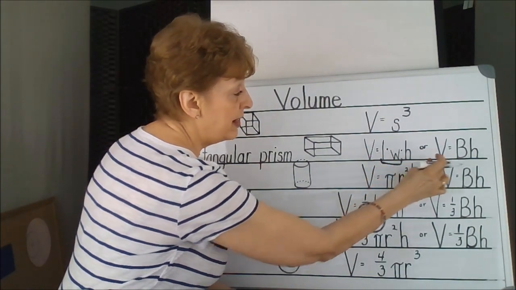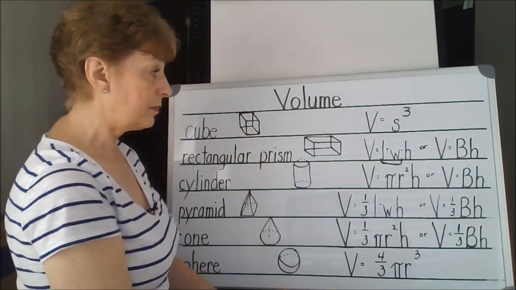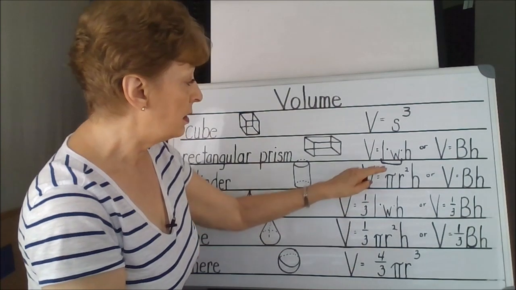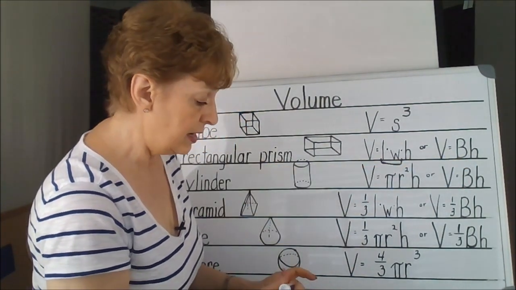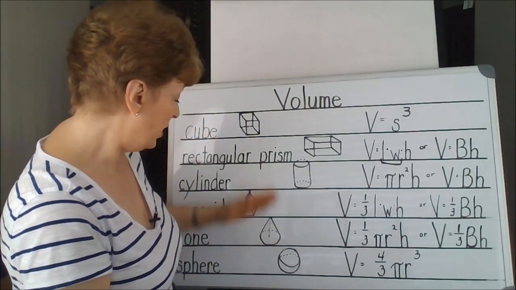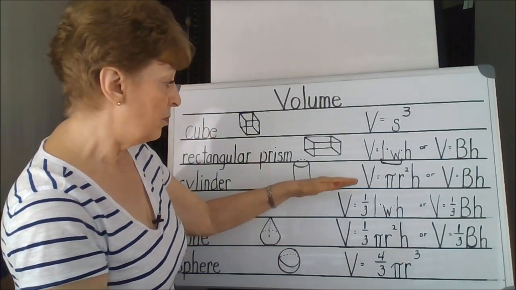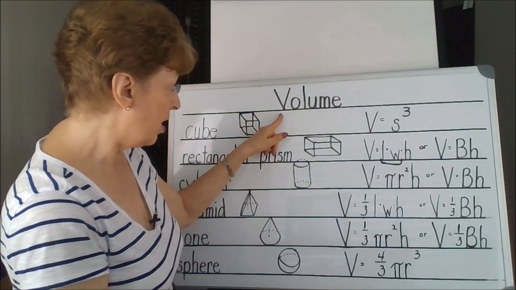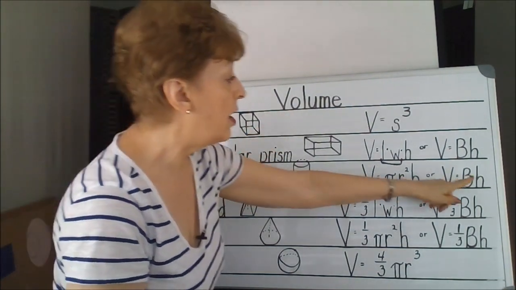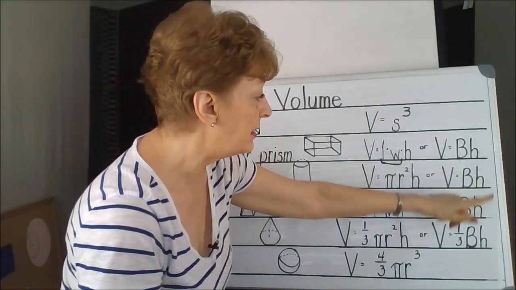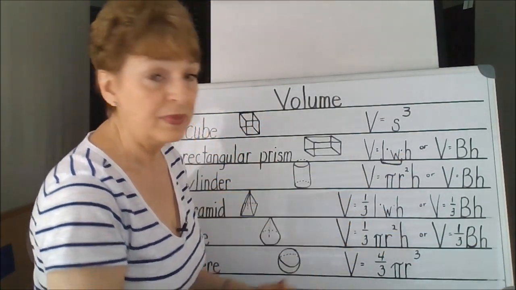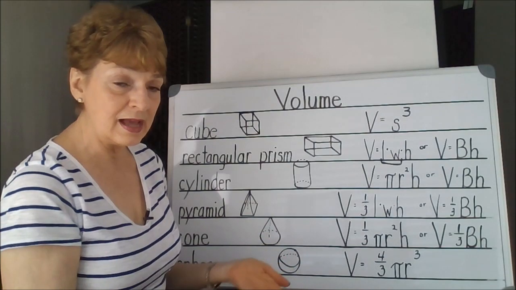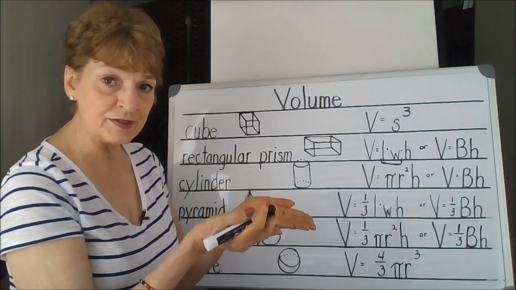So that would translate to this capital B. Length times width, and then we put the height onto it. Do you see in each of our formulas, when we have gone to the volume, we've added the height, height, height, height, and all of these are heights. That is the next dimension that gives you a container.